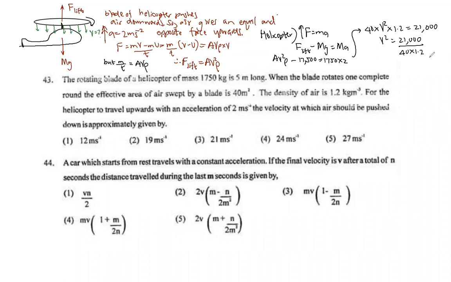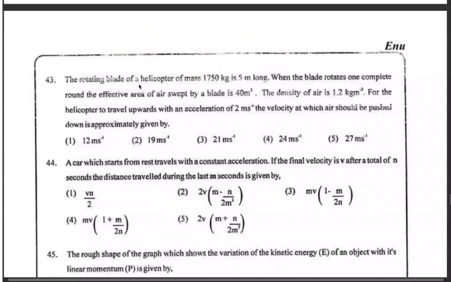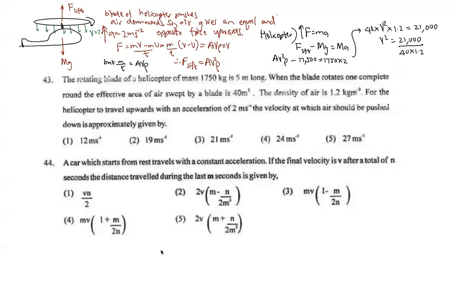Can anyone simplify this? I don't like this answer. Something is missing. 3,500. Okay, 21,000. 21 is there, no, people? Approximately 21. Then how do we do it?